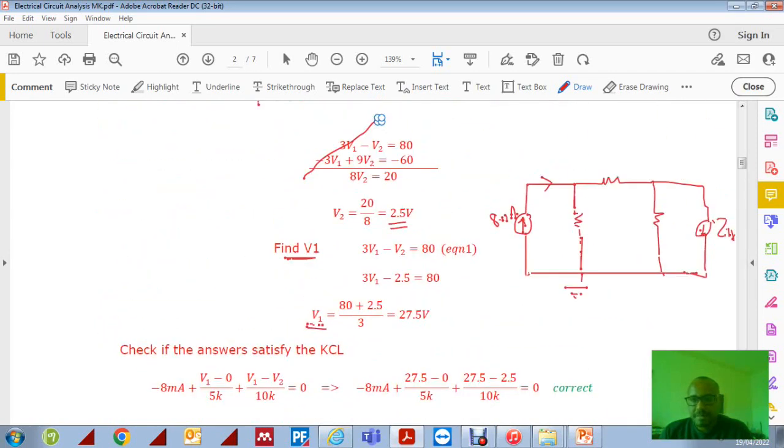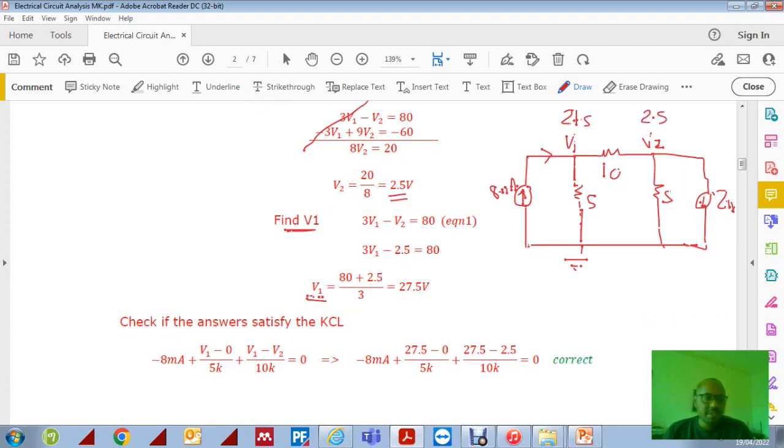And on here, V1 and V2, so this is 5k, right? So now what we got is 27.5 on here, and on here V2 is 2.5 volts.